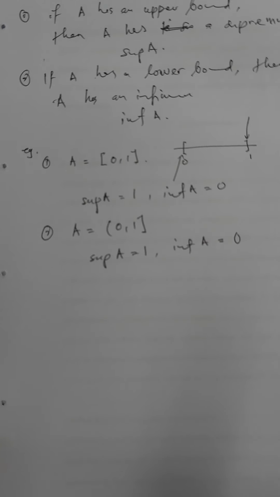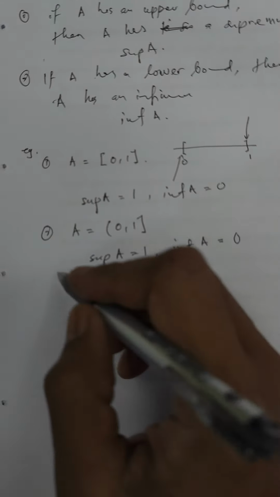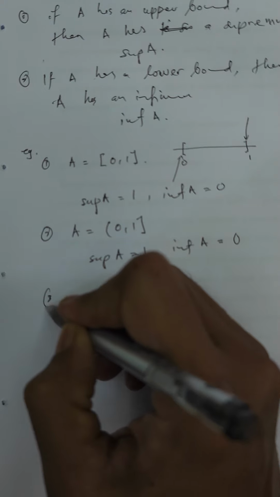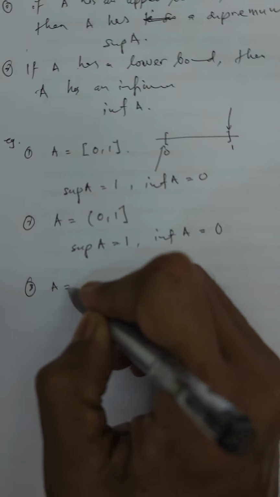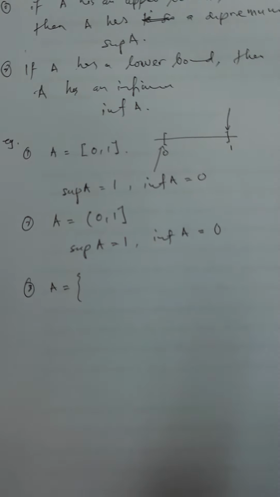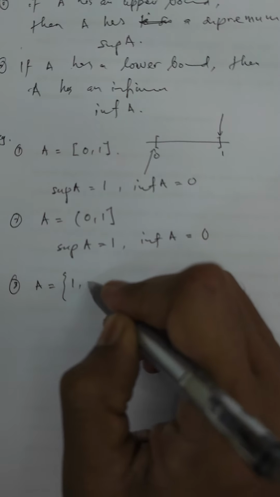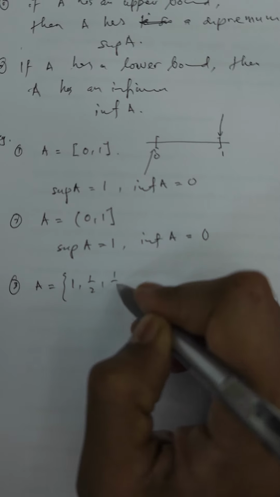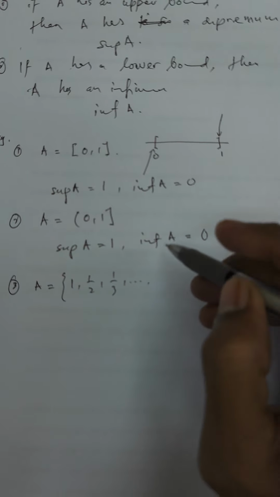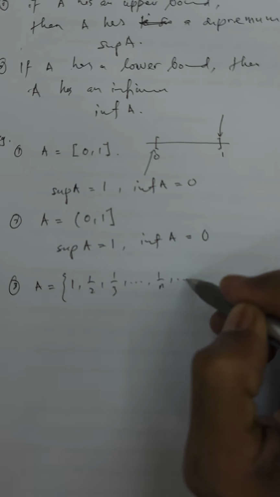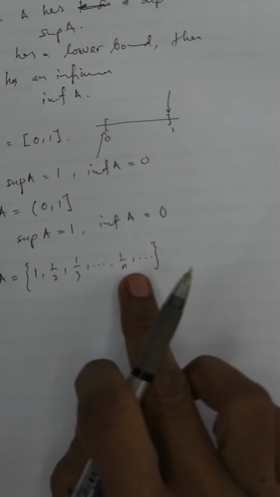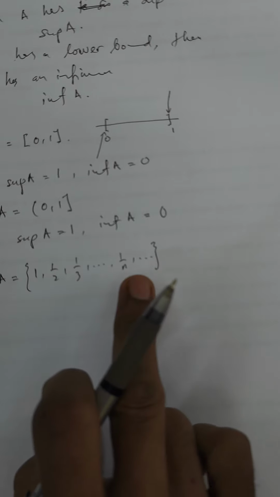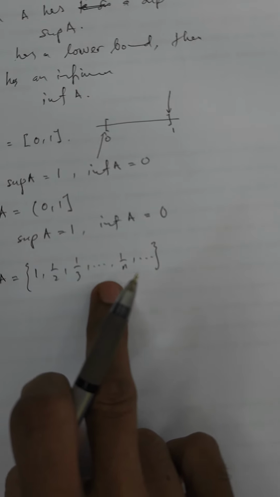Alright. Of course, there are many examples. If you want, I give you one more. So if you have say A, this set here, 1 over 2, 1 over 3, and so on, 1 over n, and so on. Obviously from here, the upper bound is 1. The lower bound: look at this, it is getting smaller and smaller.